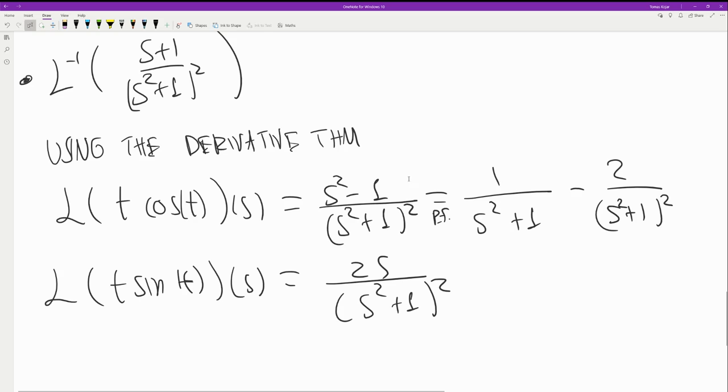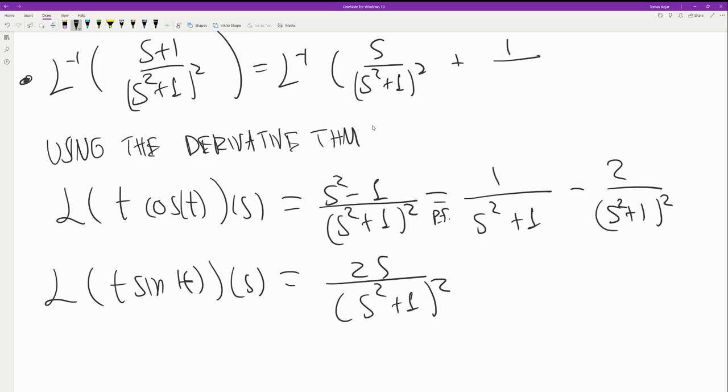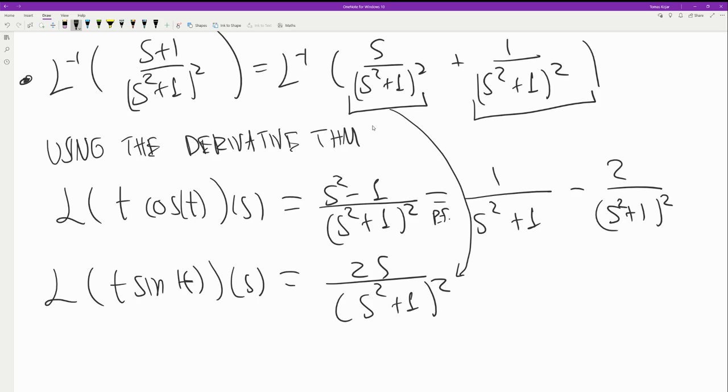All right, so I split this. This is s over (s squared plus 1) squared plus 1 over (s squared plus 1) squared. Okay, so this guy can be handled with the sine Laplace, and this guy will be handled with the cosine Laplace. All right, so let me do this slowly.